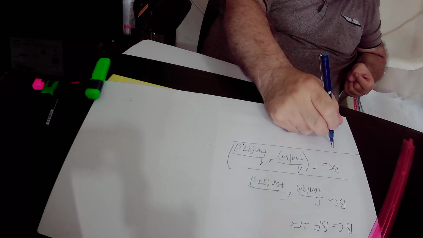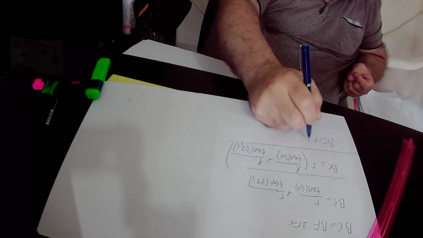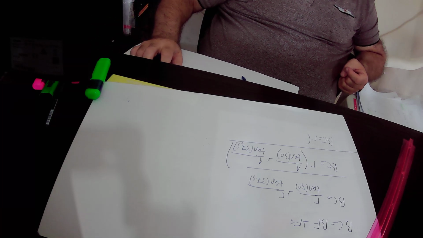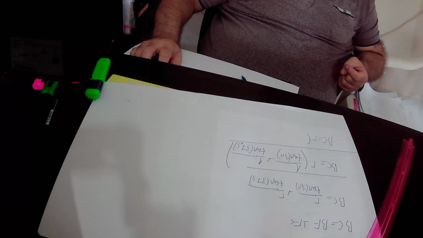So BC equals R times, and here tangent 30 degrees equals.